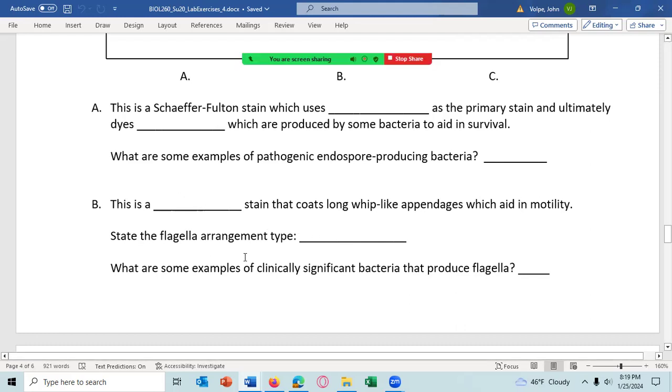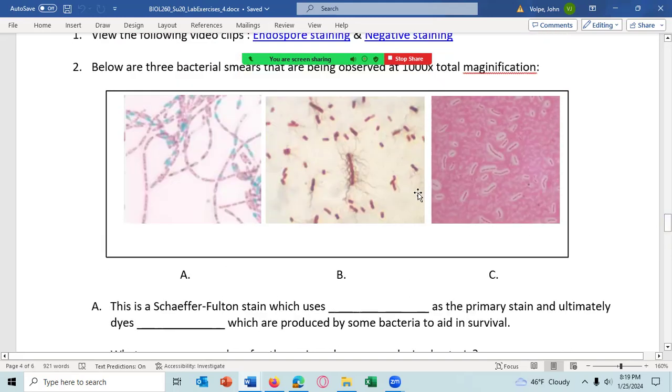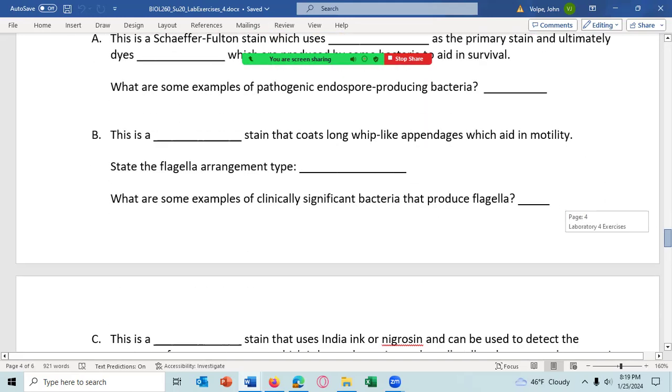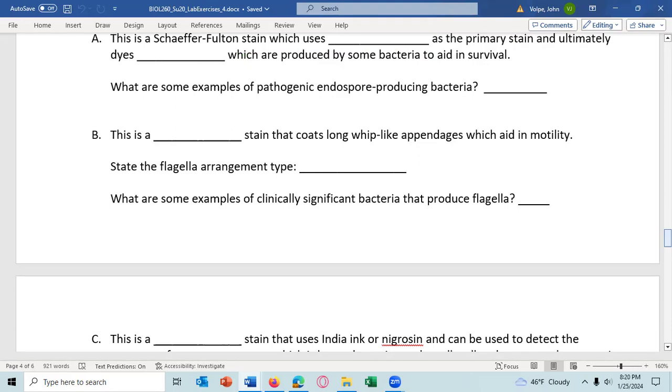And then state the flagella arrangement type that is shown in this picture B here. Let me show B right there. And then for B3, what are some examples of clinically significant bacteria that produce flagella? And you can get that from the lab module.